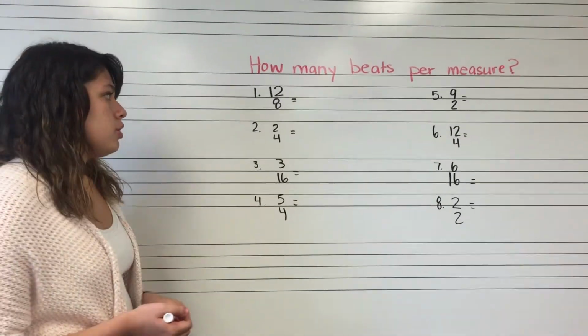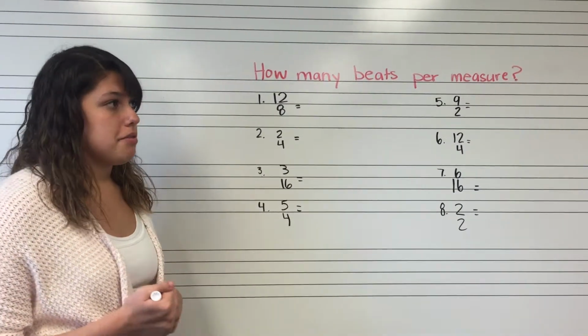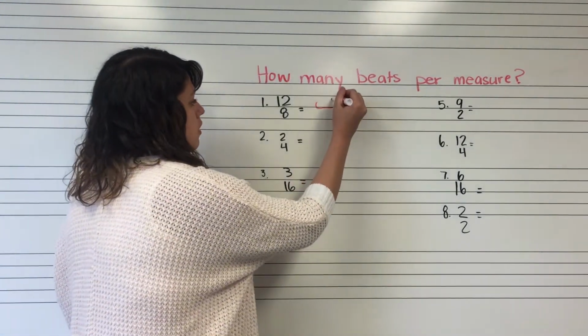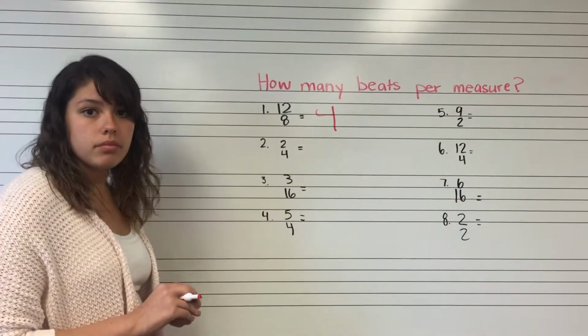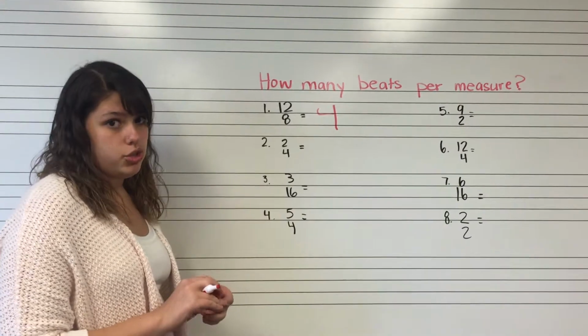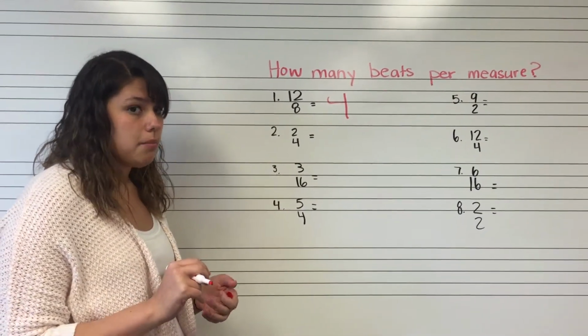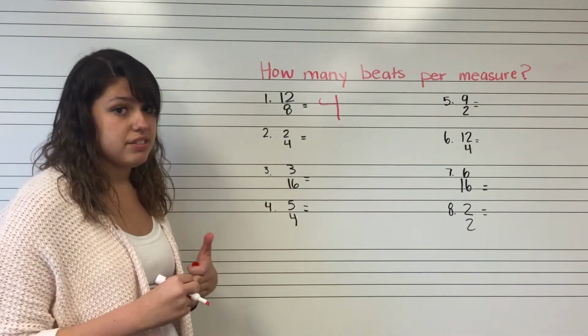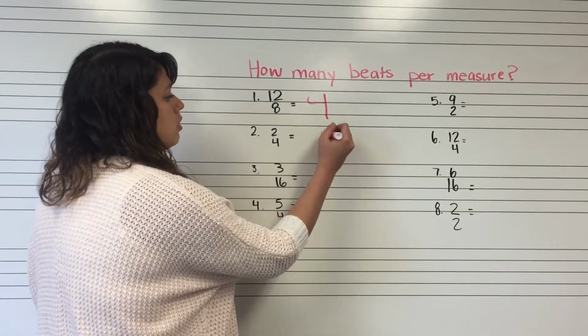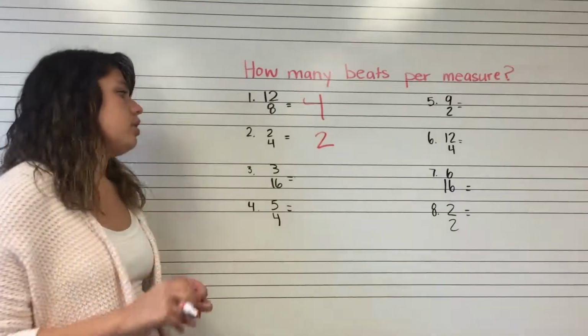So in number 1, 12/8. 12 is divisible by 3. Therefore, there are 4 beats per measure. Number 2, 2/4. 2/4 is simple, and therefore the top number directly gives us the number of beats per measure, which is 2.